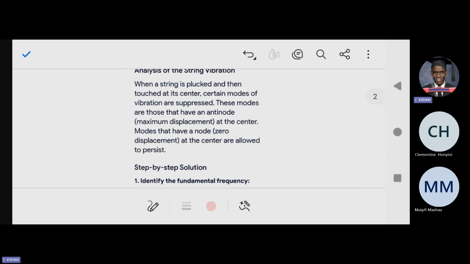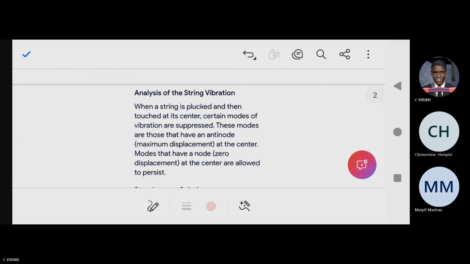So when I gave you that solution, it's saying when a string is plucked, then touched at its center, which means our displacement is like this. When you are drawing the sketch, when you pluck that string, your displacement is going upwards here at the center.